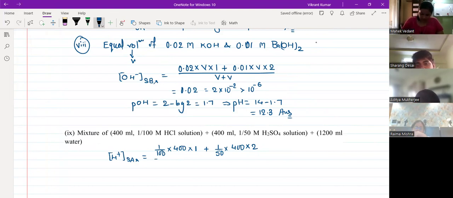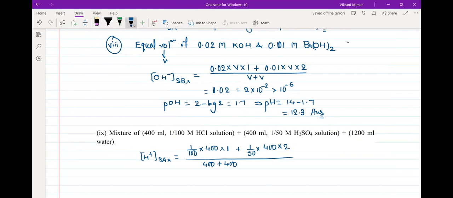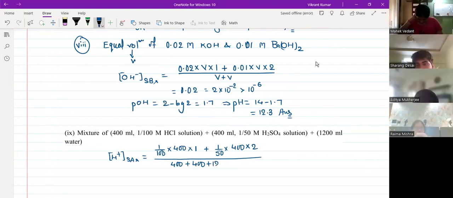But right now we are taking these two only, and divided by, now when we are doing the total volume, it will become 400 plus 400 plus 1200 and total volume में water का contribution होगा. And that's why once you solve it, what we are getting here is, ऊपर देखो 4 plus 16 20 upon 2000.